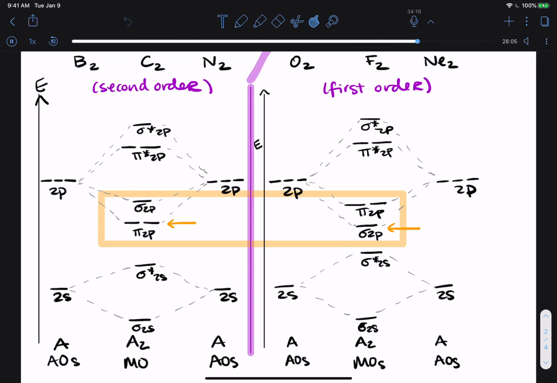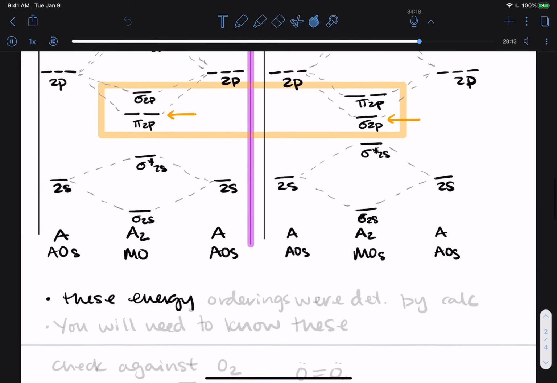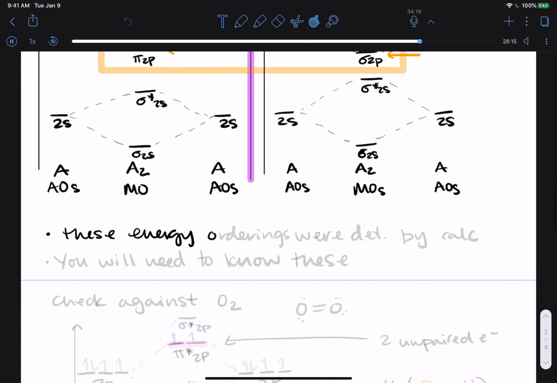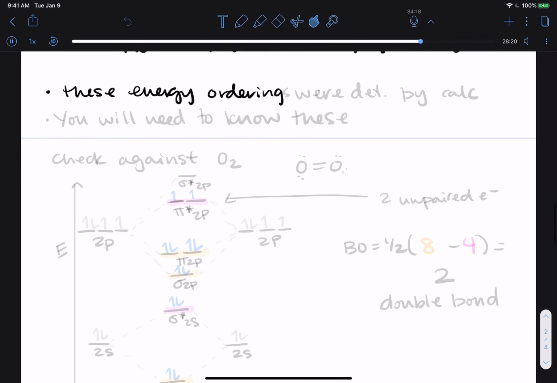Okay, so this is a lot. Here's what I want to tell you as a wrap up for these pictures. These energy orderings were determined by calculations, so you would not necessarily predict these. We had a computer calculate them for us.